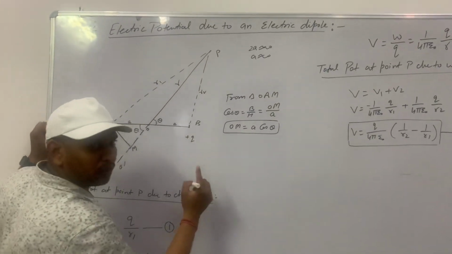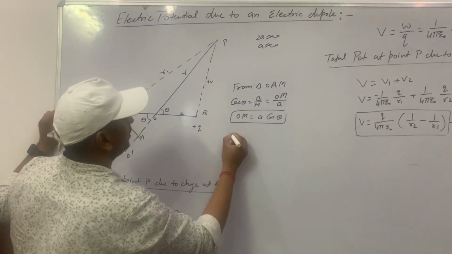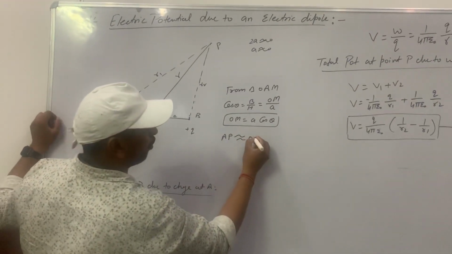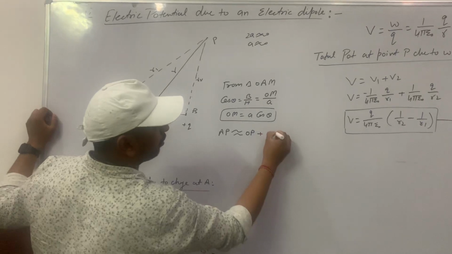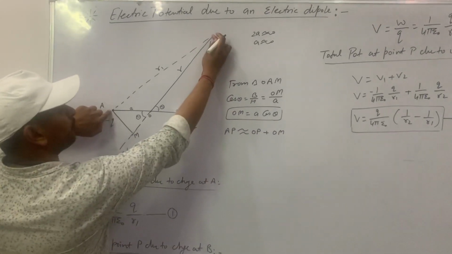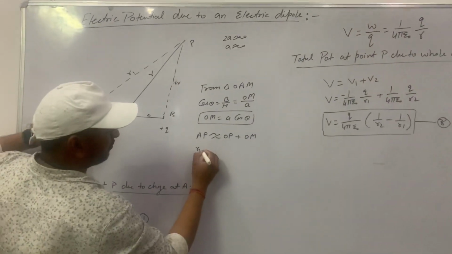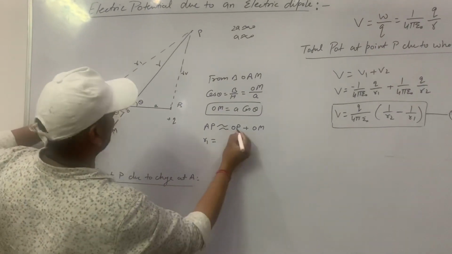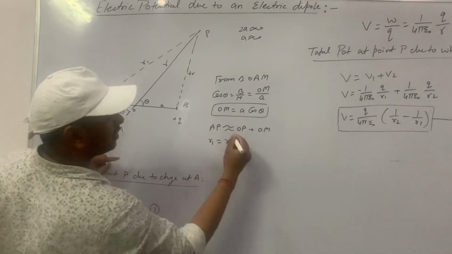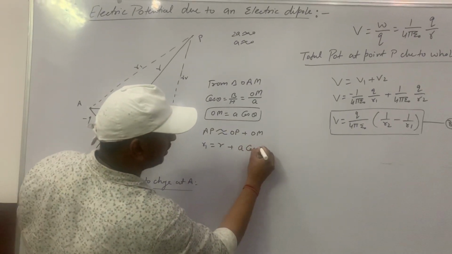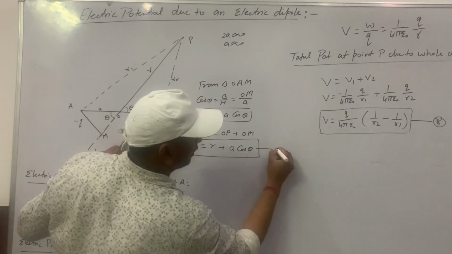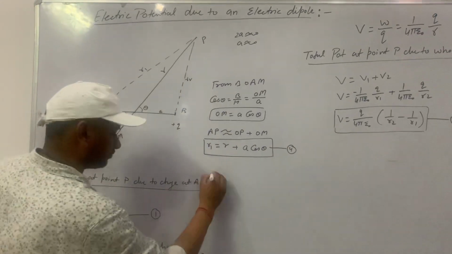So AP is nearly equal to OP plus OM, and AP, the distance between the point A and P, we have r1 which is equal to OP, that is r, plus OM equal to A cos theta. We have r1 from this relation, that is result number 4.